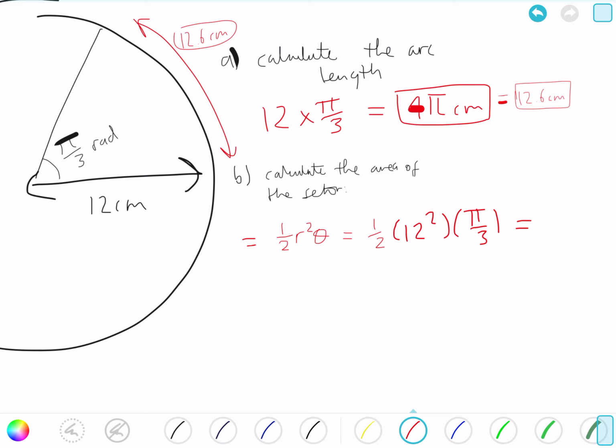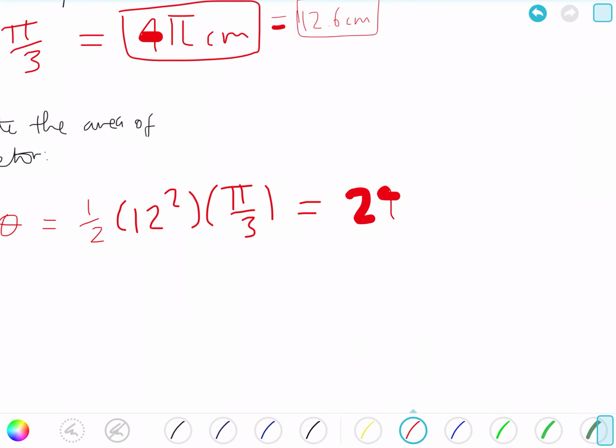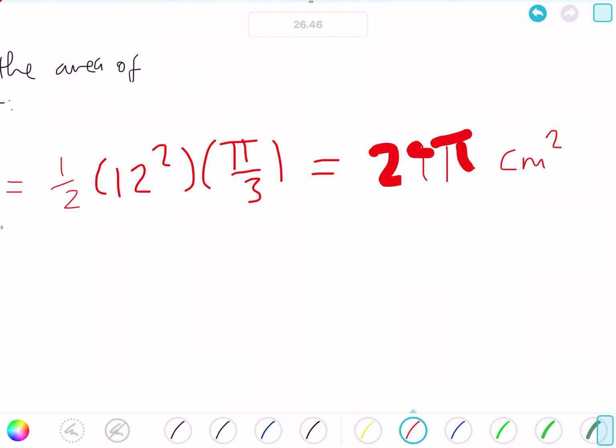Type it in. If you're lazy, use the calculator. 12 squared, divided by 2, times pi over 3, gives 24 pi. 24 pi is the area. As a decimal, 75.4.